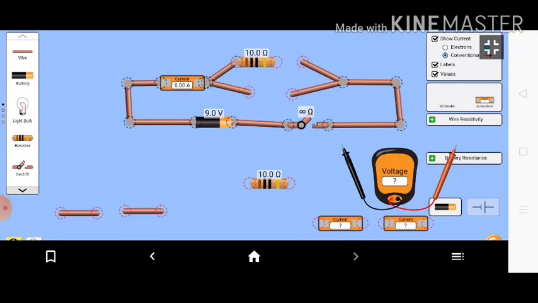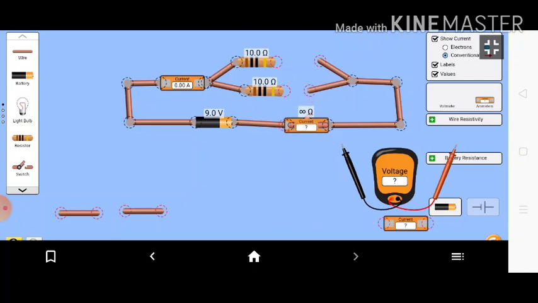Next, I will be joining these two resistors slightly in a different way. Can you figure out the difference? See, now both the ends of the resistor would be connected to each other.